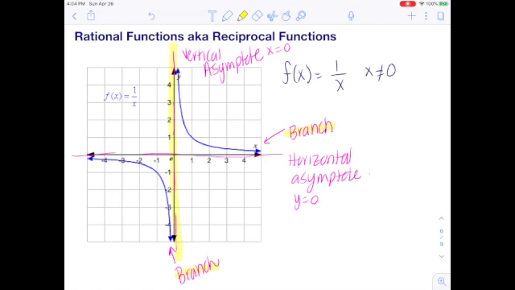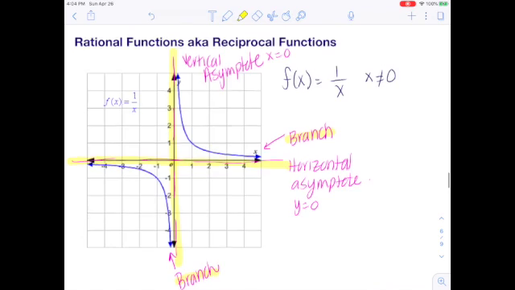So it kind of skims along the vertical asymptote, but will never cross it. And you'll see that you also have a horizontal asymptote of y equals 0, or what we call the x-axis. So again, your branches are getting really close to these asymptotes, but will never cross them.